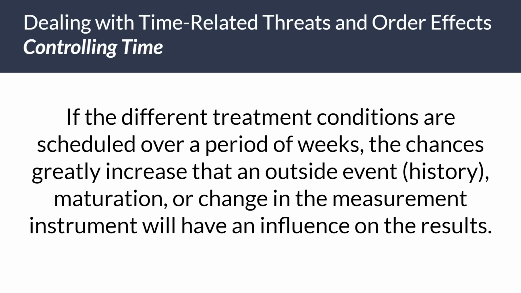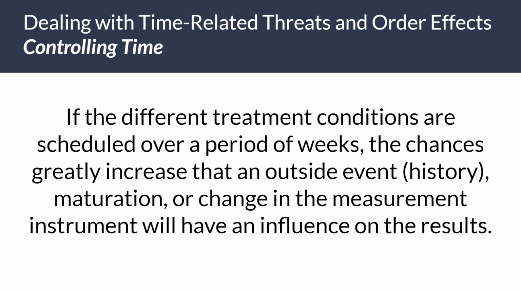Now let's talk about what we can do to deal with these different sources of error in experimentation. The first thing that you can do is controlling time. If there's a problem with the time span of the study, then let's try to control it. For example, if the different treatment conditions are scheduled over a period of weeks, the chances greatly increase that an outside event, maturation, or change in the measurement instrument will have an influence on the results.